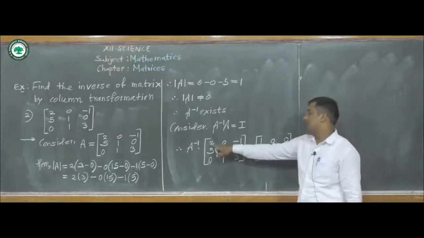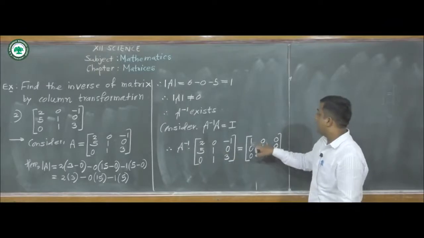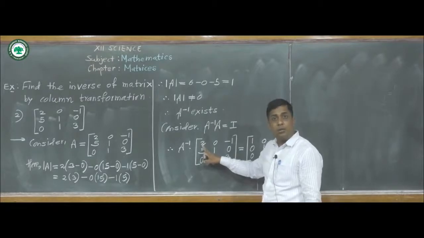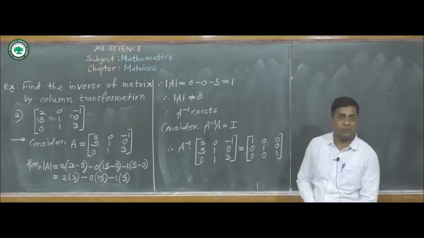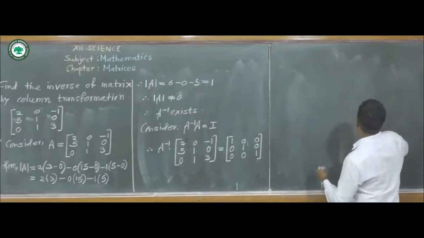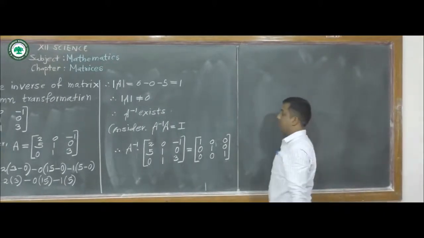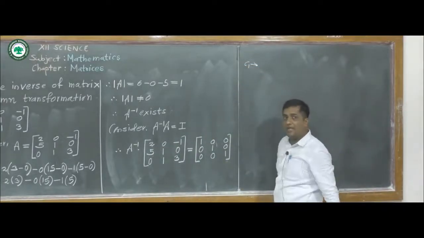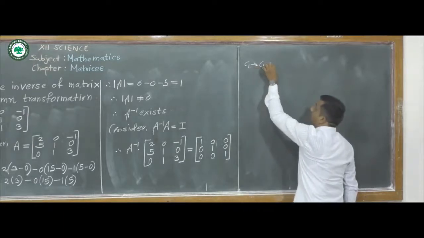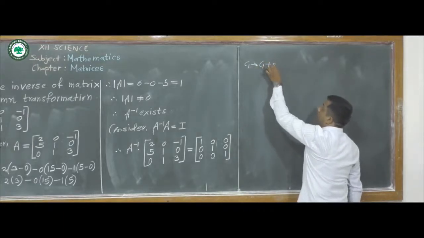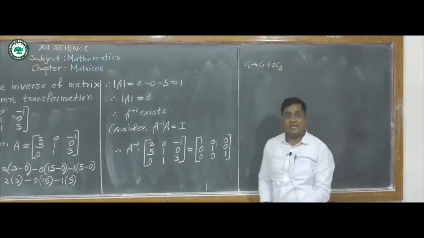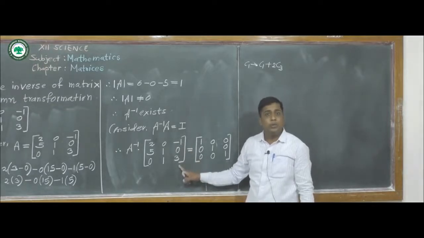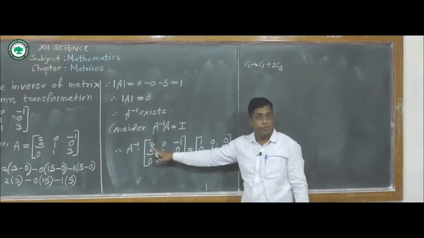Now we have to reduce this 2 to 1, since in the identity matrix our first element is 1. To reduce this we use column transformation. The change is in the first column: C1 goes to C1 plus C3.